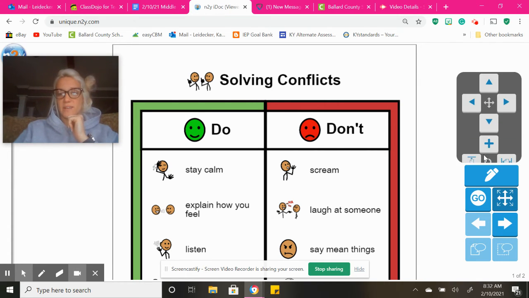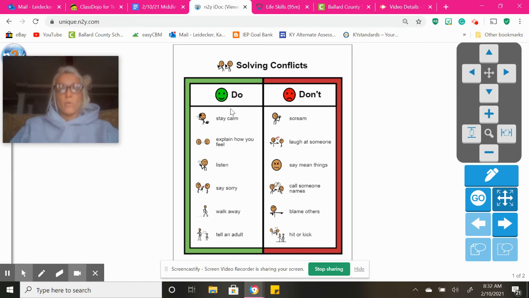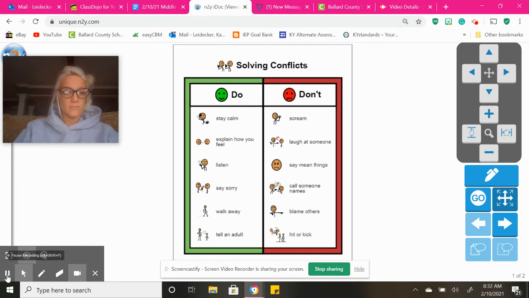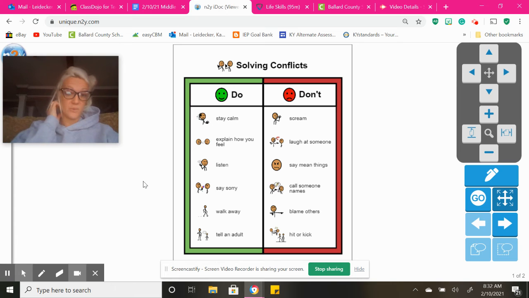So, solving conflicts. What we need to do is stay calm. We do not need to scream. We explain how we feel. I am big on this one, explaining how you feel. A lot of us get all this anger and madness, or maybe sadness and frustration built up inside of us, and all of a sudden we just explode.